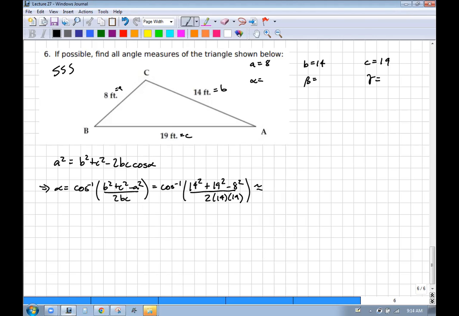Assuming I typed this in correctly, I'm getting 22.07, or 22.08 degrees if we go with 2 decimal places.